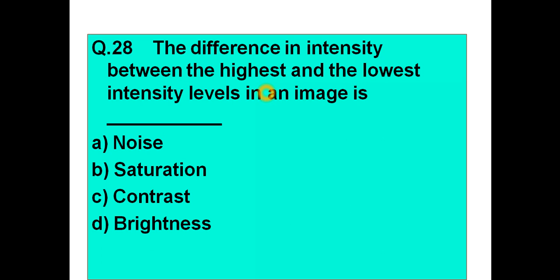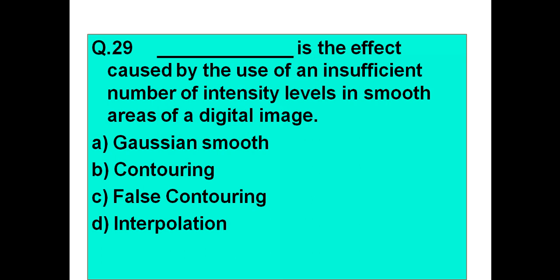Coming to the next question, question number 29. Fill in the blank: the effect caused by the use of an insufficient number of intensity levels in smooth areas of a digital image. Option A, Gaussian smooth. Option B, contouring. Option C, false contouring. And option D, interpolation.